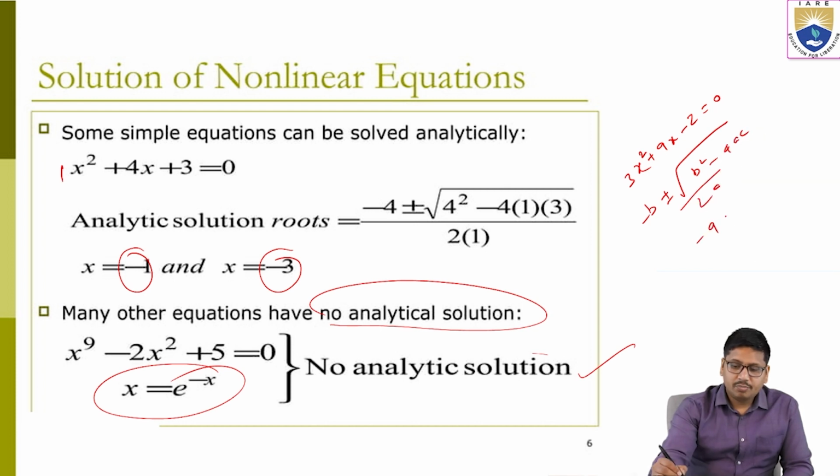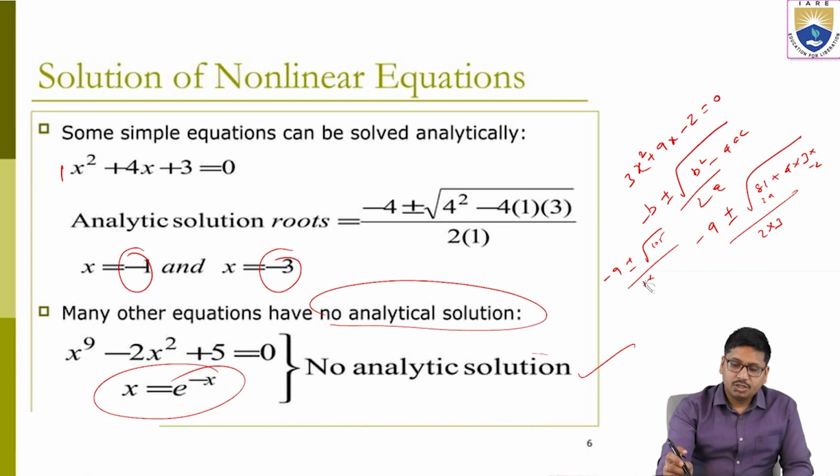So minus 9 plus or minus square root of 81 minus 4 into 3 into minus 2, by 2a, and 2a is nothing but 2 into 3. So finally what I'm getting is minus 9 plus or minus square root of 81 plus 24, which is 105, divided by 2 into 3, that is 6.